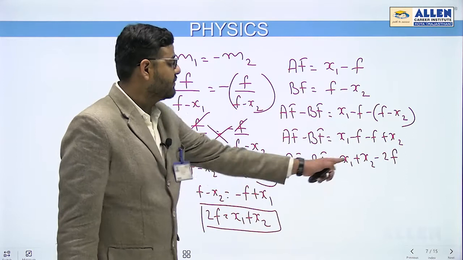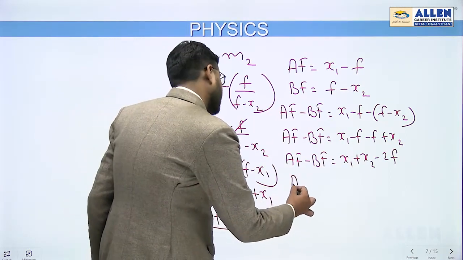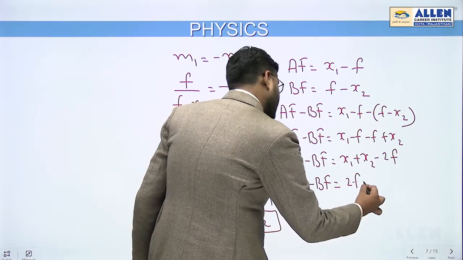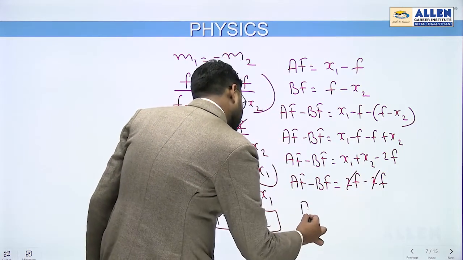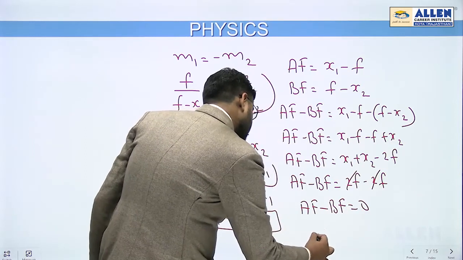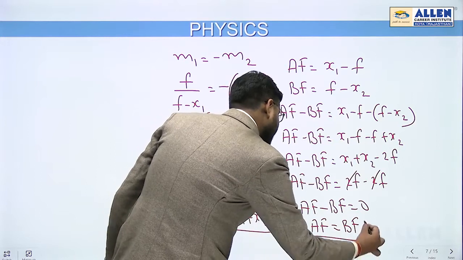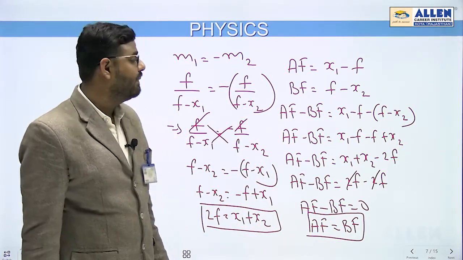But we know x1 plus x2 is equal to 2f. So putting the value, AF minus BF is equal to 2f minus 2f. So it gets cancelled. So we get AF minus BF is equal to 0, or we can write AF is equal to BF. So the correct condition is AF is equal to BF.